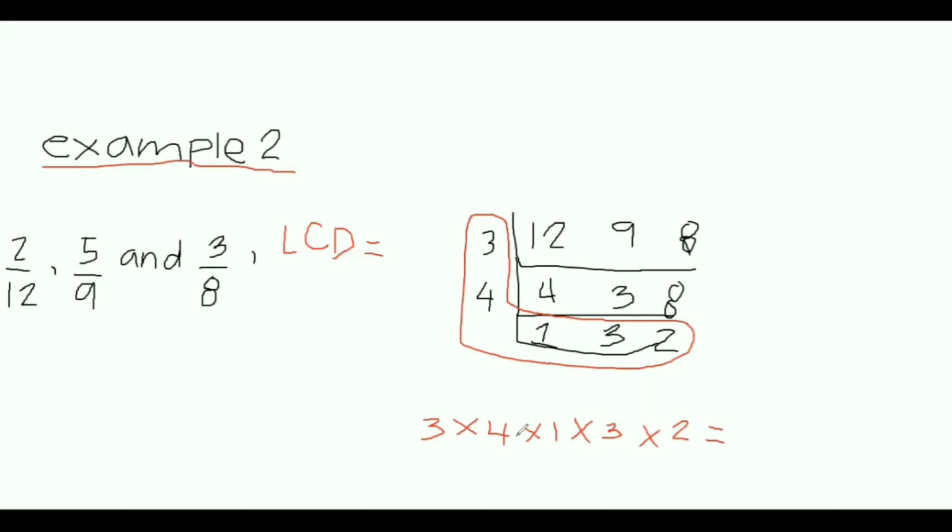So, 3 times 4 equals 12. 12 times 1 is 12. 12 times 3 is 36. And then 36 times 2 is 72. So, therefore, the LCD is 72.